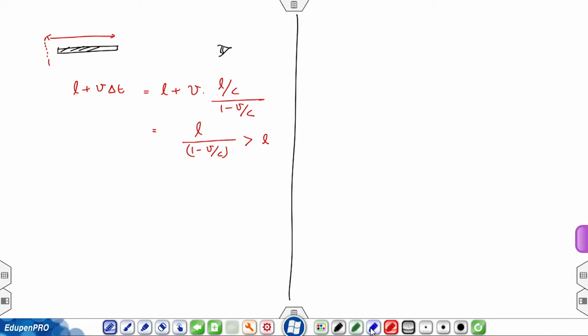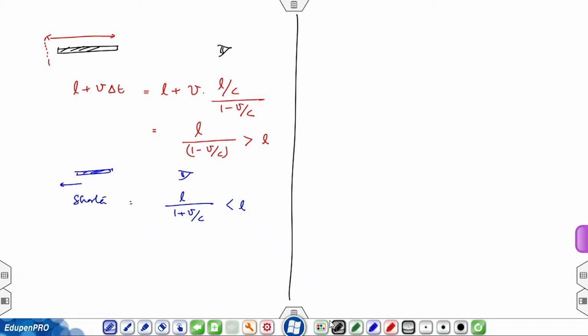On the other hand, if the rod was moving the other way, it will appear shorter, by l over (1 plus v over c), which is less than l. So, the apparent length of the rod is shorter or longer, it basically changes if it is moving.